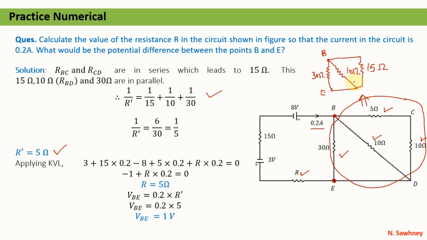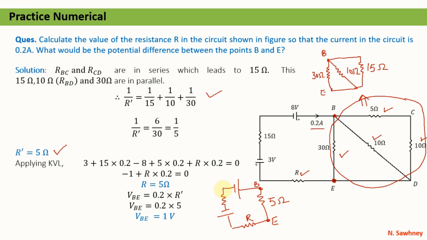So we can place it back in the circuit to get the simplified form. The leftover circuit we have is this, where we also have to calculate the unknown resistance. This is the 5 ohm resistance, and these are the terminals B and E.